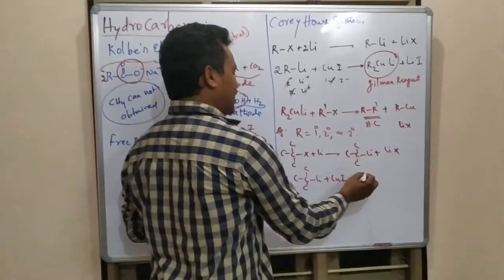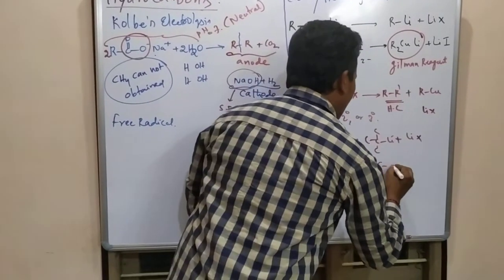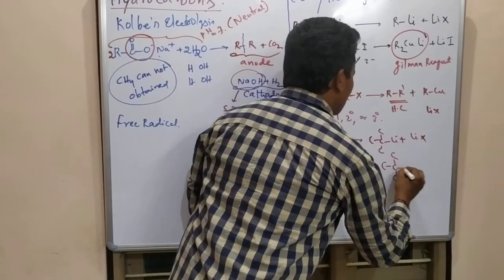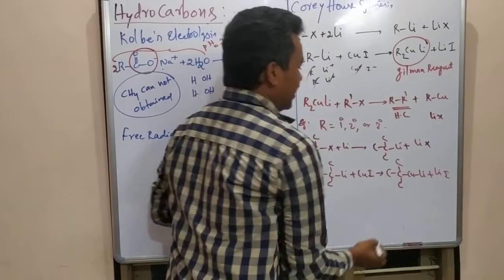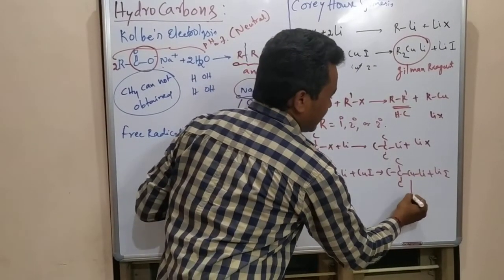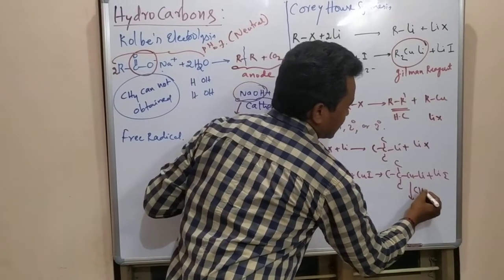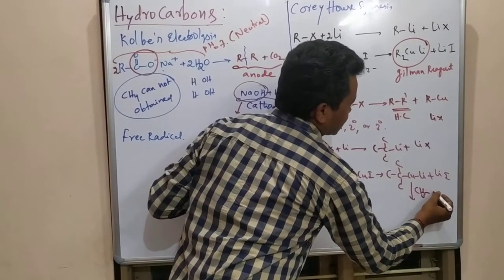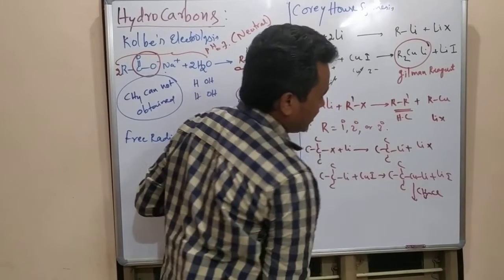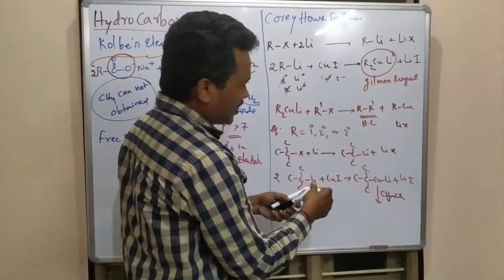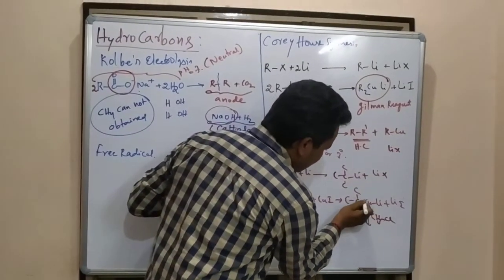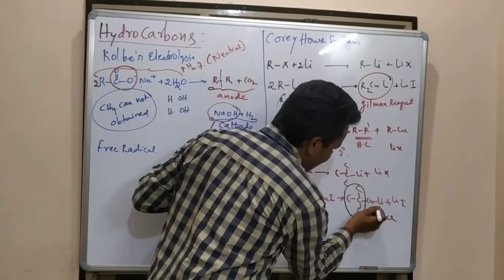Byproduct, what is coming? Li coming. What is this R group? I have to concentrate on the R group here. CuLi, this is Li. Again, this part is going to react with what? Again some CH3X, CH3Cl. At the time, what is coming? What is my point, what do I have to focus on? This R group is like an R, and this is like an R dash.